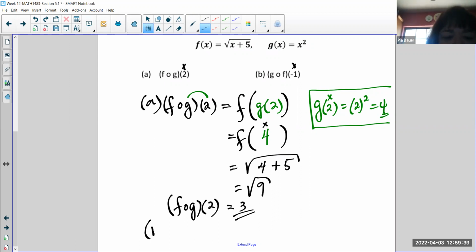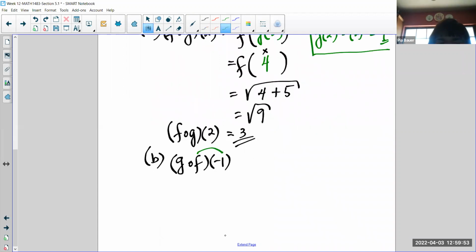So when you're looking at part B and you have g composition of f of -1, then this is done first because f is closer. f becomes the inside function. So then you have g of, and you're going to evaluate f of -1 first.